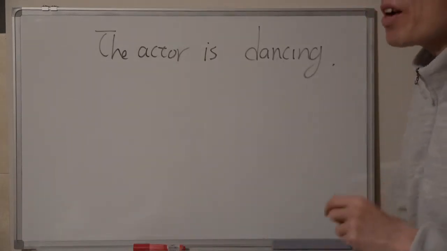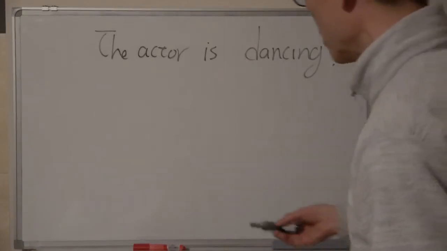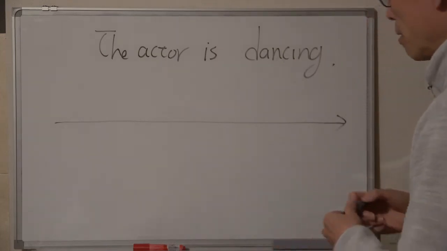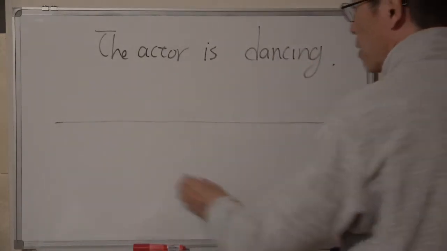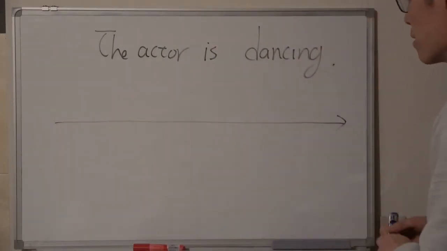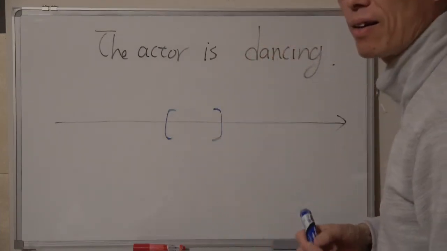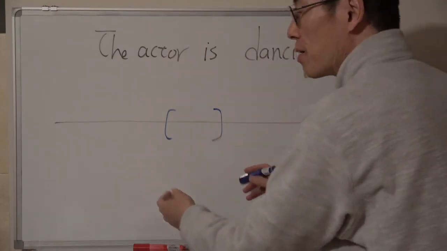Now, we can visualize the situation. Let's say this is time. Time flows this way. Past, future. Now, present. And guess what? Can you tell what this is? This is a container.